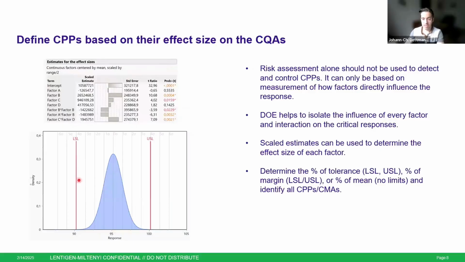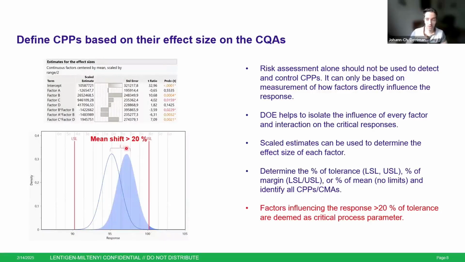And finally, we then determine those factors which shift the mean of the response by more than 20% of tolerance in our DOE study. And these we consider then as critical process parameters. I will say it again: factors that shift the mean of the response by more than 20% of tolerance in our DOE study are considered as critical process parameters.